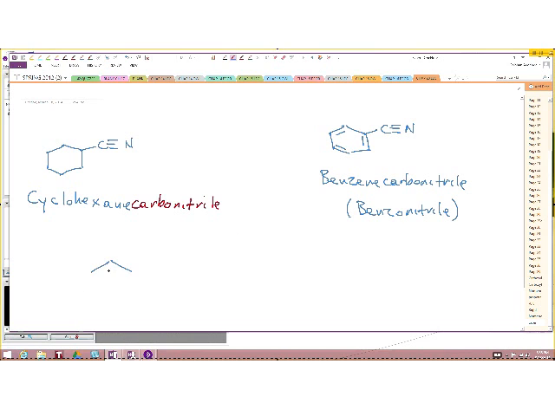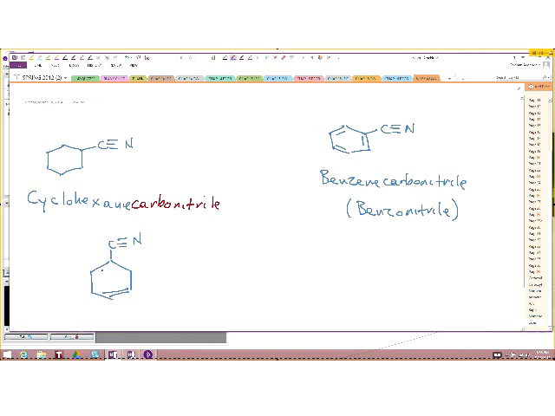If we have this here, just as in the case of the carboxylic acid, you have the cyano group attached to a ring system.